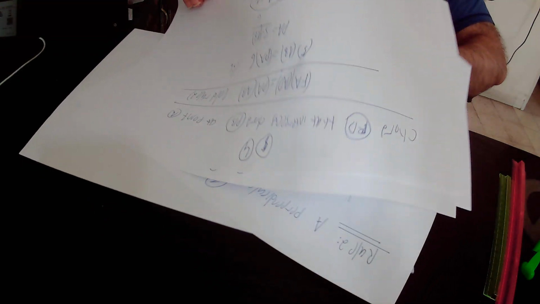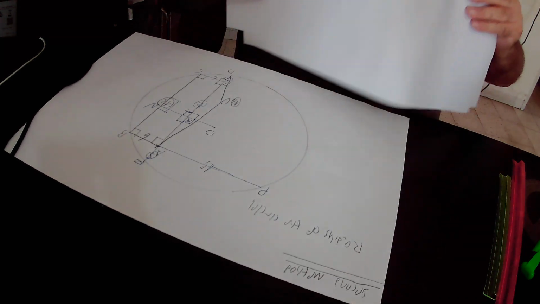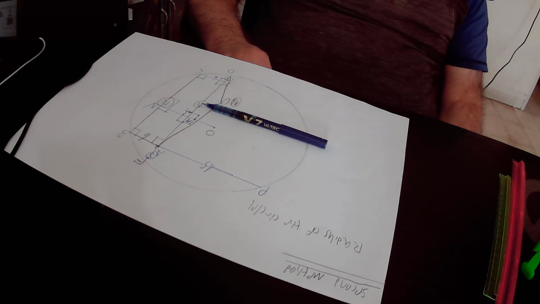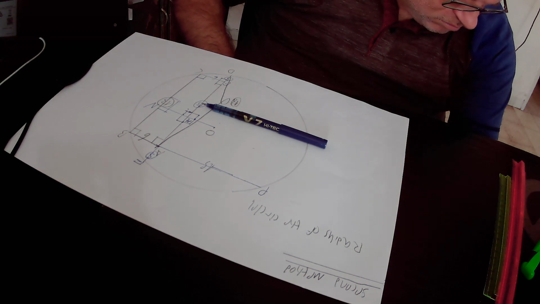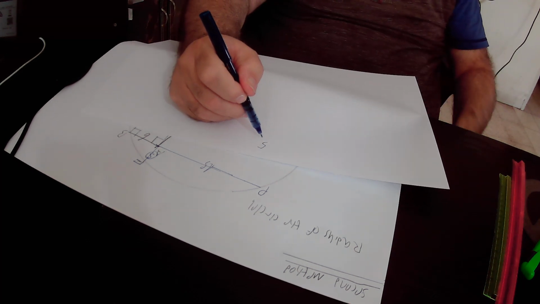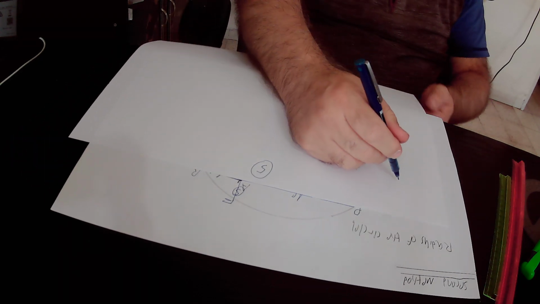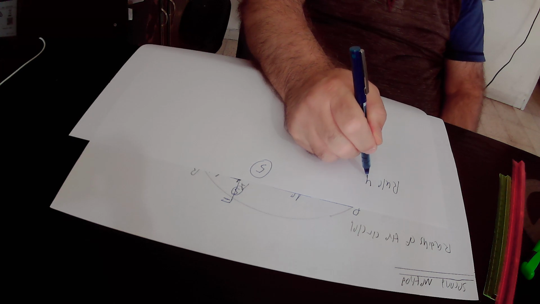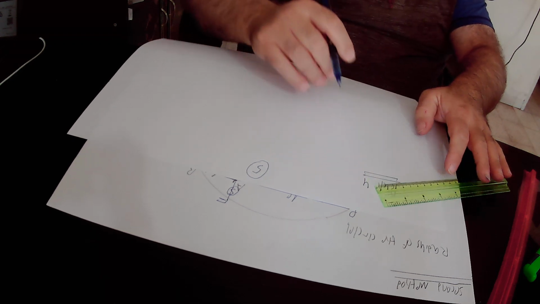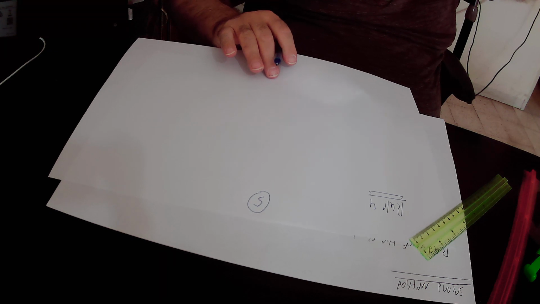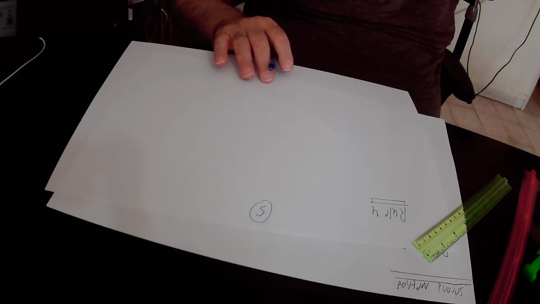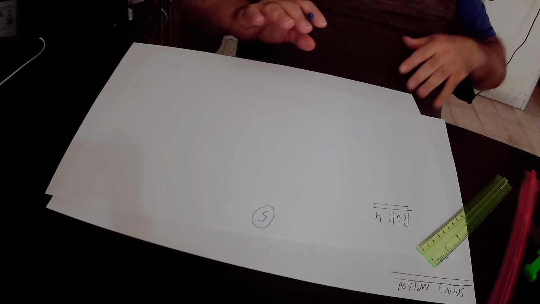So the new rule will be rule number 4. Usually rule number 4 states that if two chords are perpendicular to each other, then a certain formula will be true.